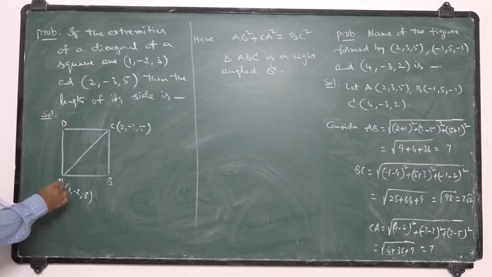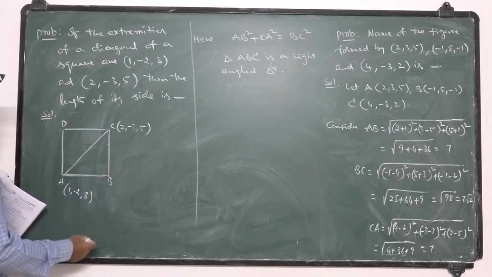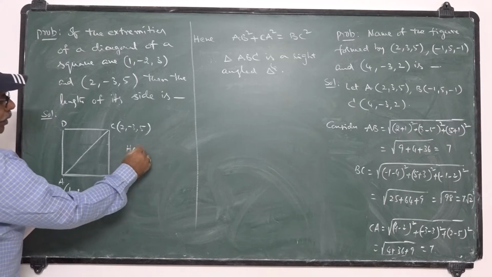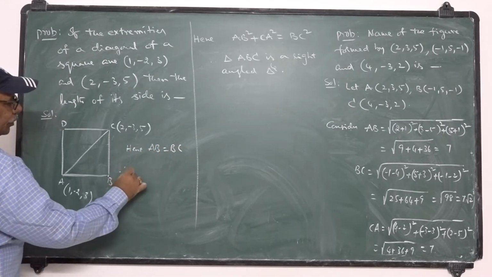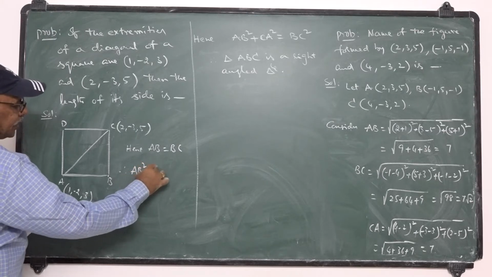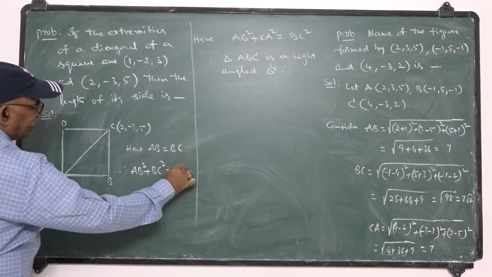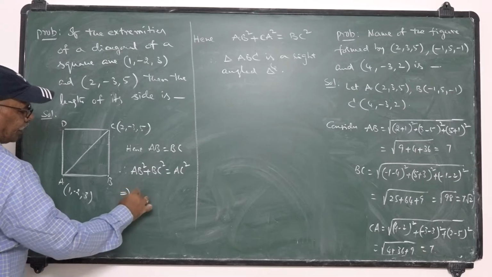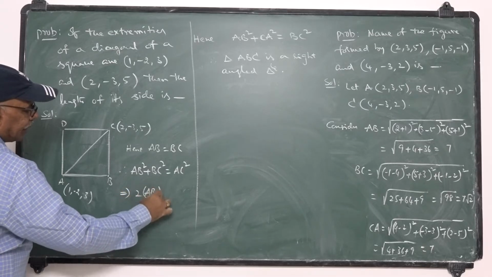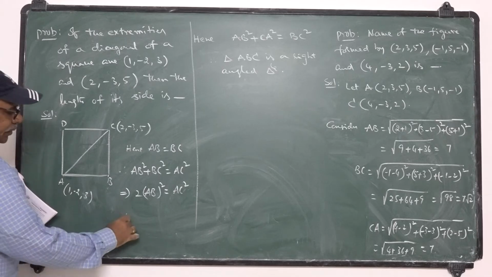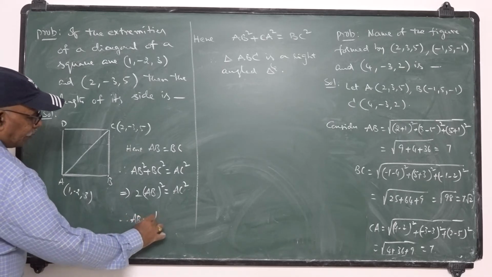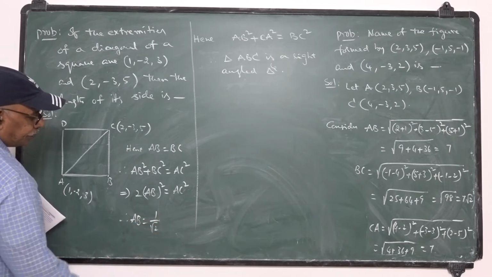Then the side length. Here AB equal to BC. So AB square plus BC square equal to AC square implies twice AB square takes the value AC square itself. Hence AB equals 1 by root 2 into AC.